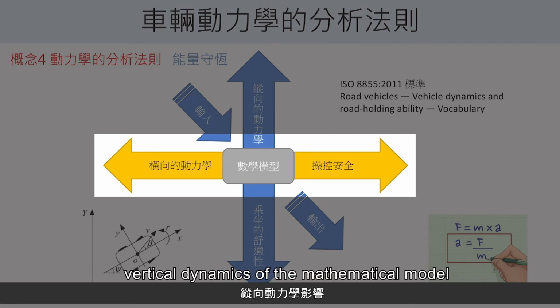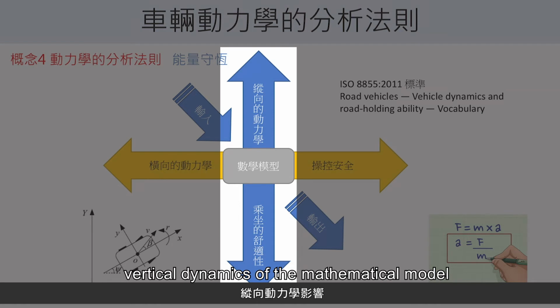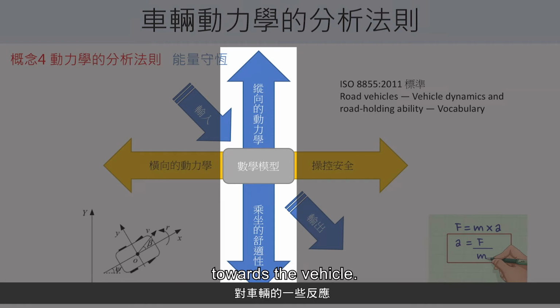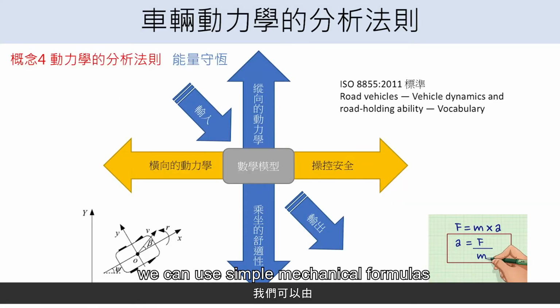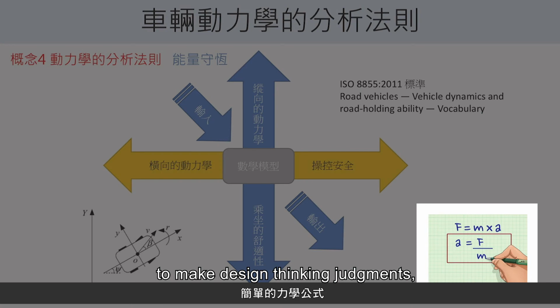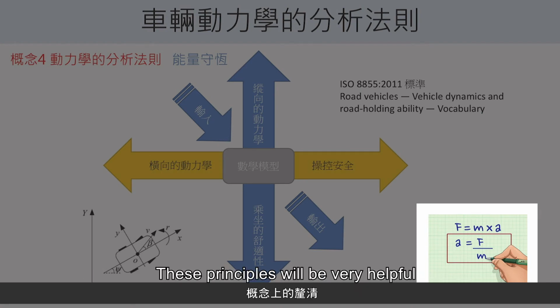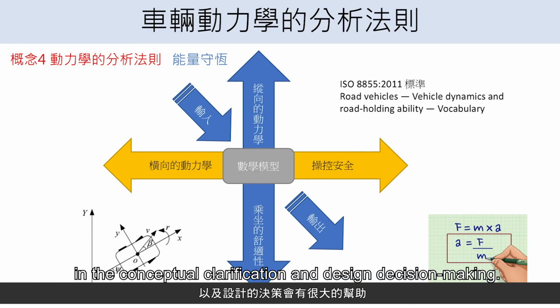The effects of vertical dynamics of the mathematical model mainly affect the comfort of the passengers in the vehicle. For these principles, we can use simple mechanical formulas to make design thinking judgments, to make design thinking assessments and applications. These principles will be very helpful in the conceptual clarification and design decision making.